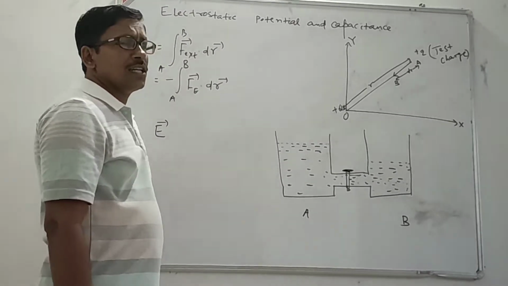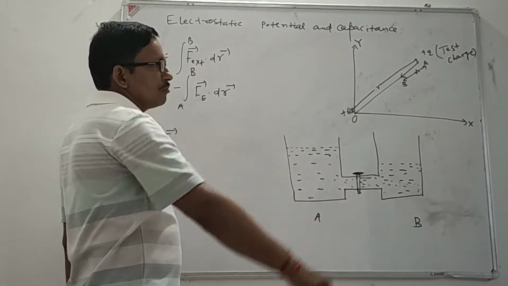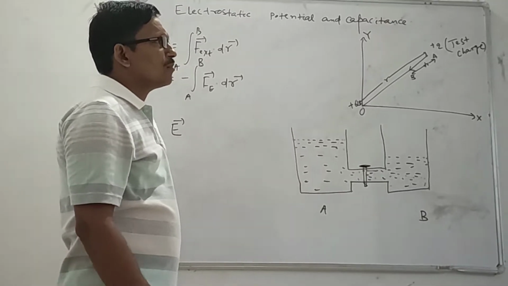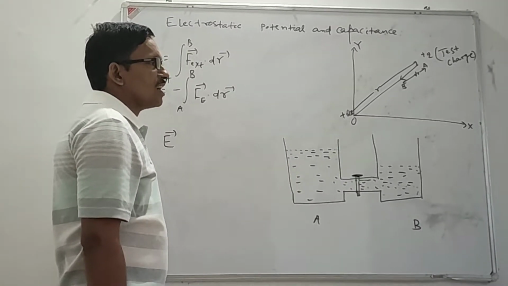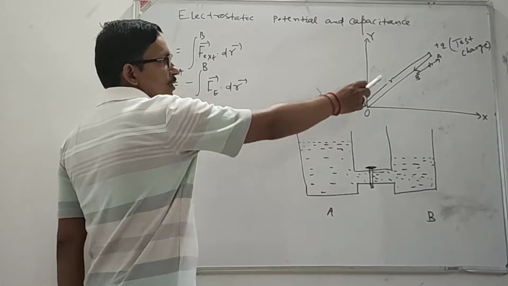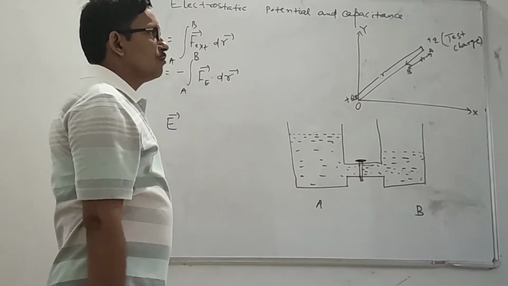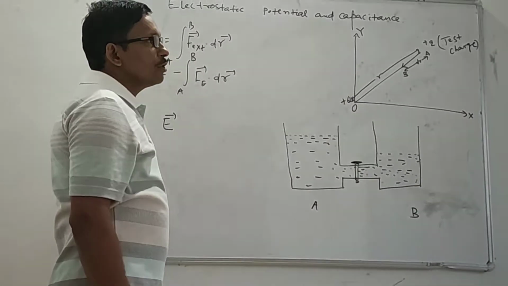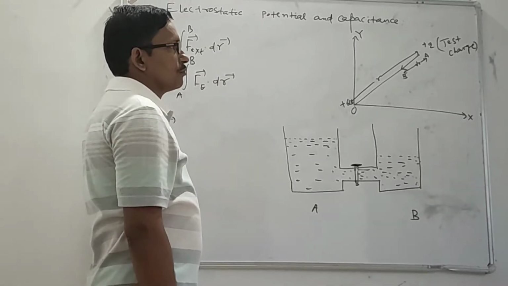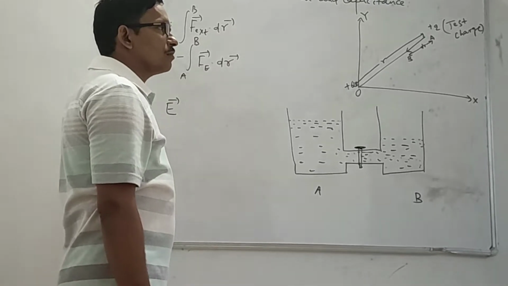So it will have an electric field surrounding this charge Q. Now I will take one point A, at a distance r from plus Q. Suppose a test charge, the small q, is placed at point A. It will experience a repulsive force as both the charges are positive.